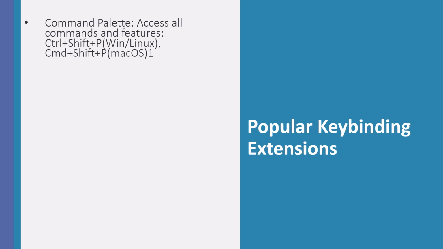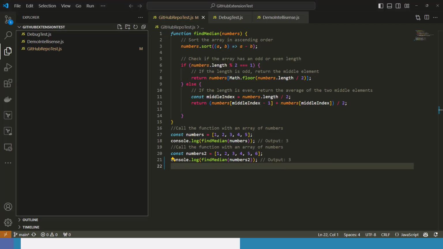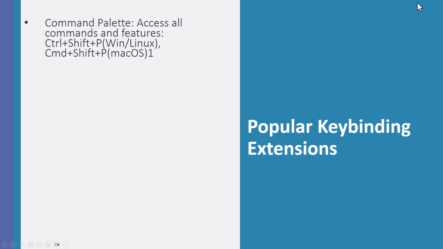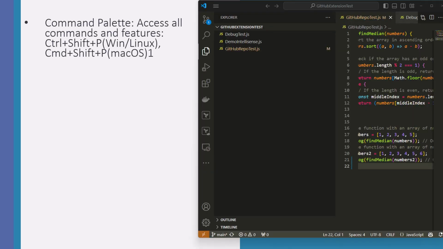So the command palette accesses all the commands and features. So let's get back to our Visual Studio Code, putting this PowerPoint slideshow and VS Code editor side by side together to see in real time.